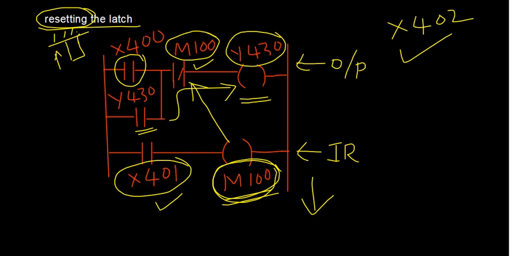So you may get many such examples, and now you may have one more example wherein you have use of multiple internal relays, right?